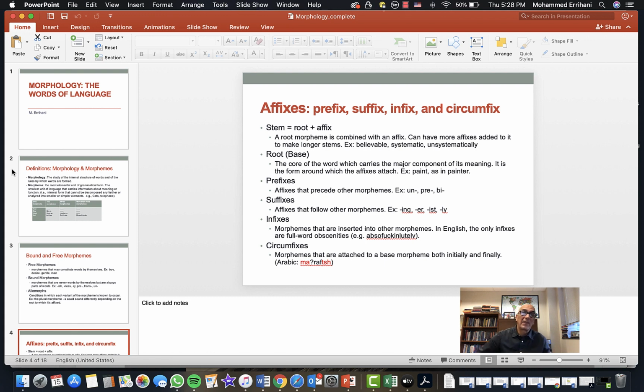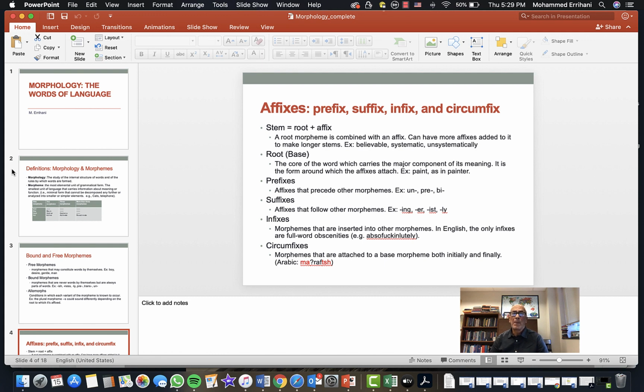A prefix is what you add at the beginning of a root, and a suffix is typically attached to the end of the root. An infix and circumfix don't exist in the English language.